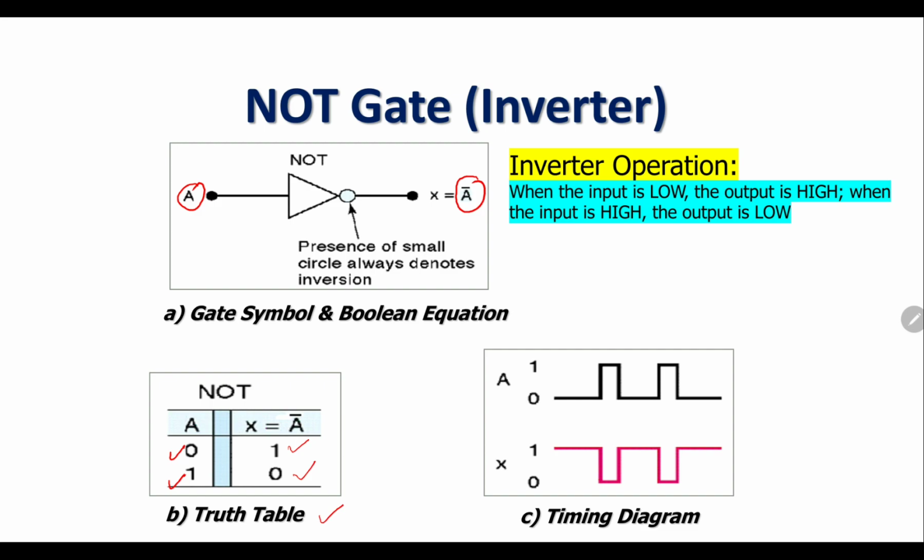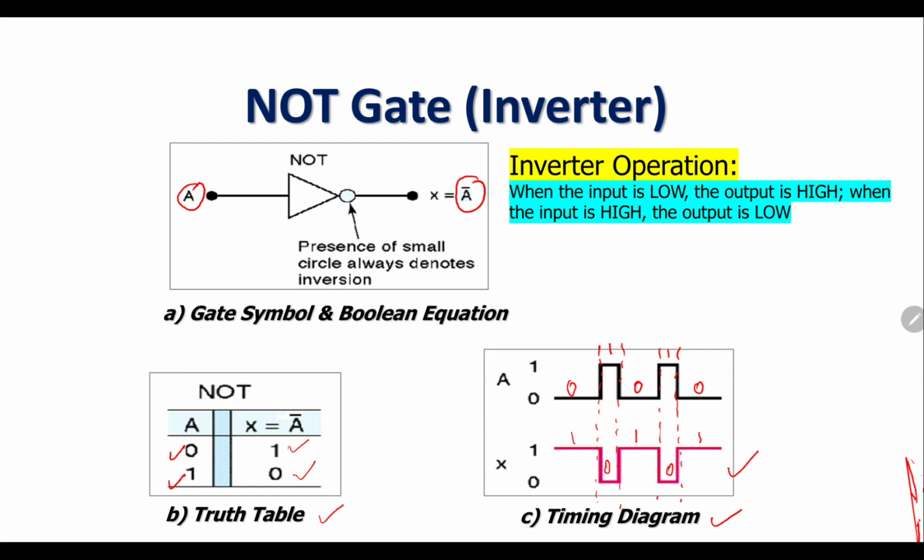So this is the way that you read the timing diagram. You can draw the timing diagram like this. If the input is 0, the output is 1. If the input is 1, the output is 0. Same goes here, 0 to 1, 1 to 0, 0 to 1.